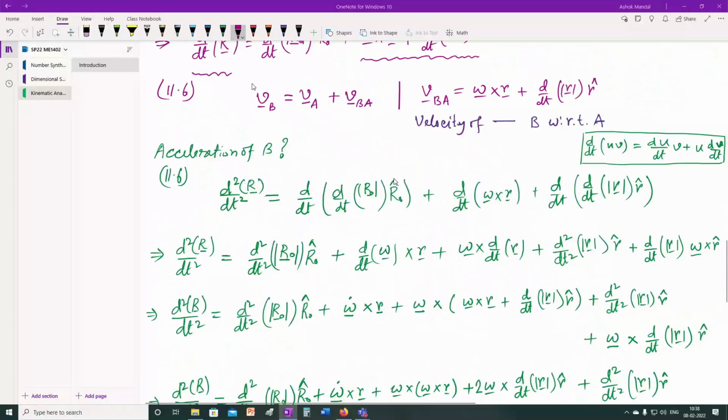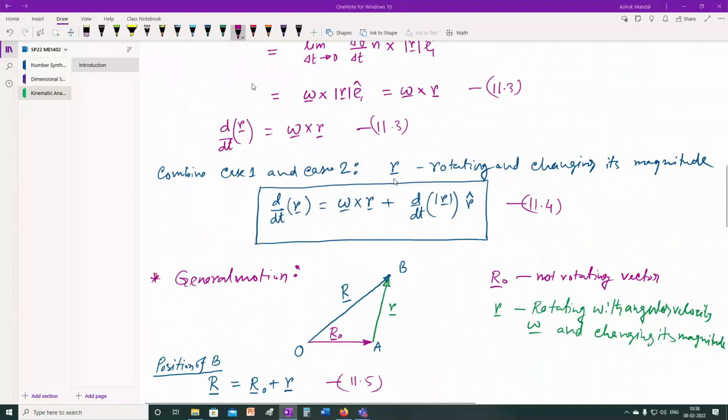Just consider a link, a coupler. The coupler is moving in space. Coupler rotates, also translates. Both the things are there. Although for a coupler the magnitude is not increasing, suppose there is a link whose length can increase.